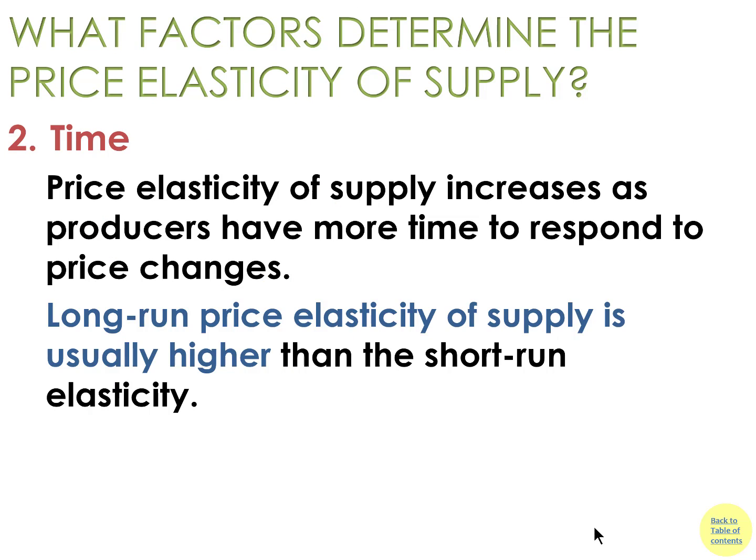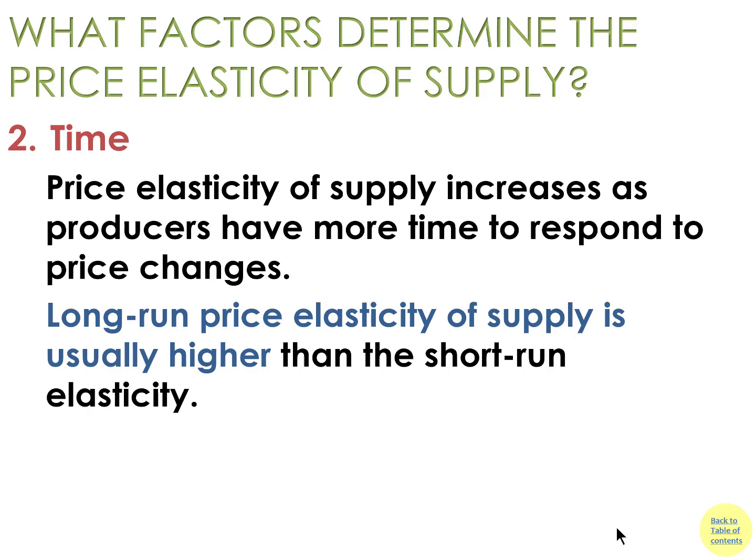And then another factor is time. We've already sort of mentioned this, but the more time you give anybody, consumers, or in this case, producers, to adjust to a price change, the more they will. So for most goods, nuclear power plants, almond farmers, etc., you're going to get a long-run price elasticity of supply that's higher.